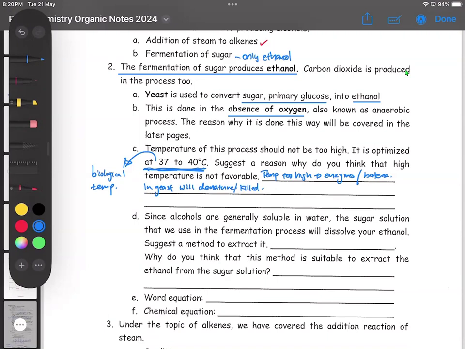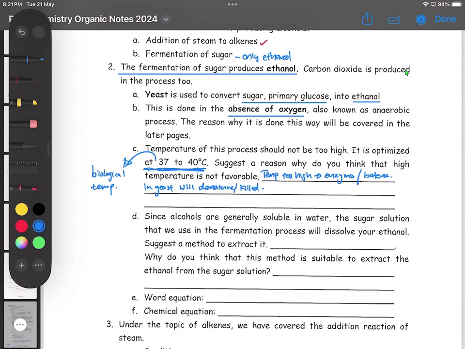Once that happens, it doesn't allow fermentation to carry on anymore. So whenever you see 37 to 40 degrees, you must trigger some enzyme or bacteria getting killed. So watch out for 37 to 40.